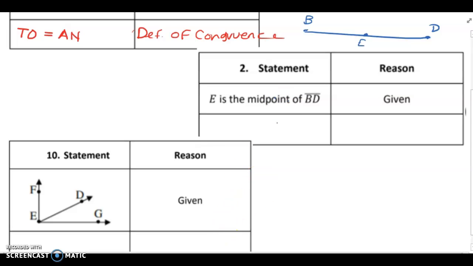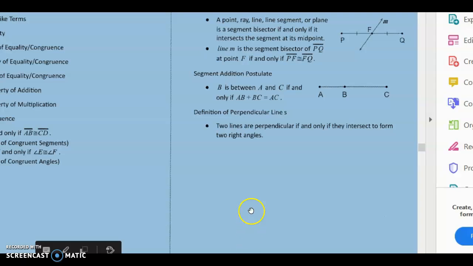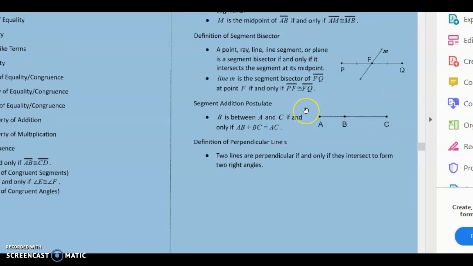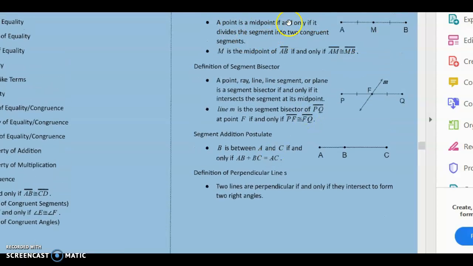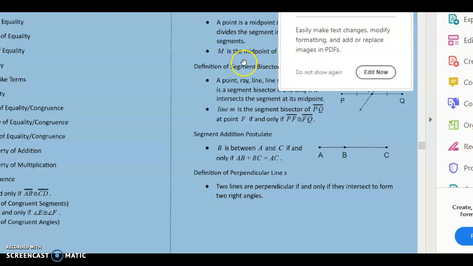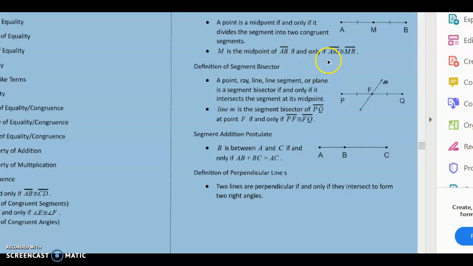All right, so once again, we're going to go back to those 4 things we just looked at. And where's something about midpoint? Oh, right here, definition of midpoint. Okay, it says a point is a midpoint if and only if it divides a segment into 2 congruent segments. So M is the midpoint of AB if and only if AM equals or is congruent to MB.